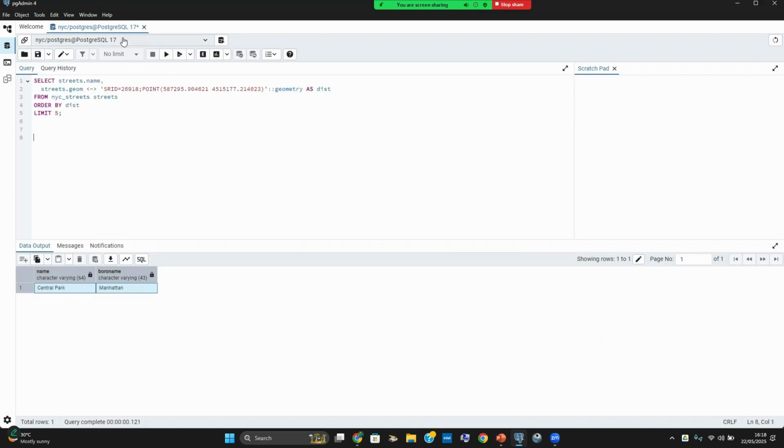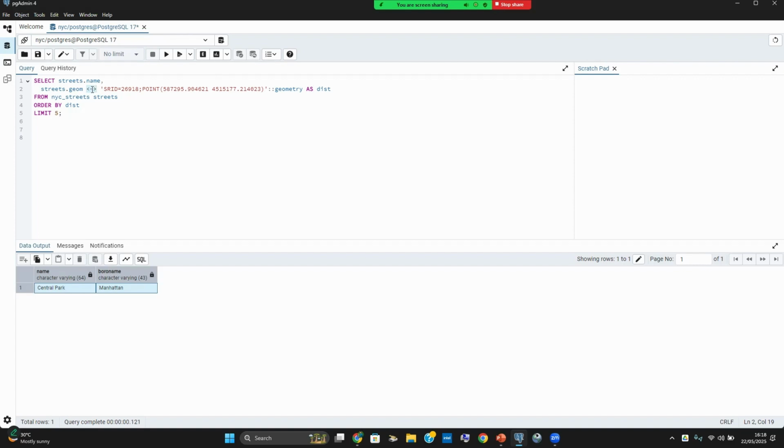So what we're seeing here is we're selecting the name of a street, right? And this function here is a distance-based sorting operator.